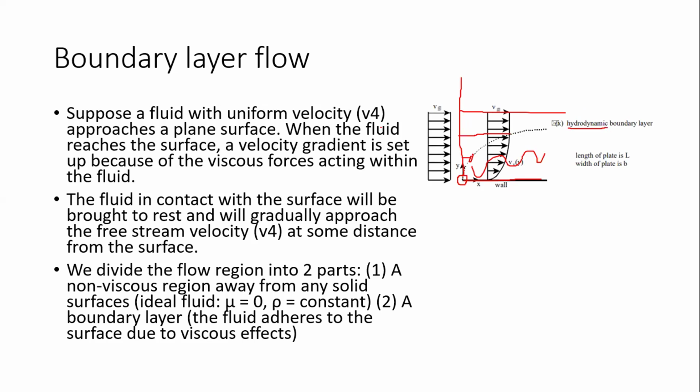Now, the reason we are saying hydrodynamic boundary is because we are considering it in terms of the flow of the particles, right? We can have a boundary layer that is with respect to heat. So maybe at the surface of the wall, the fluid will have the temperature of the wall. So if the wall is at maybe 50 degrees Celsius, the fluid just above the wall will have a temperature of 50 degrees Celsius. But we can have a thermal boundary layer also forming. So for the thermal boundary layer, as soon as we get to the broken line, we assume that the temperature becomes exactly the temperature of the wall.